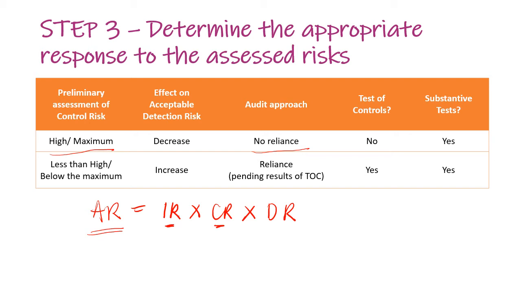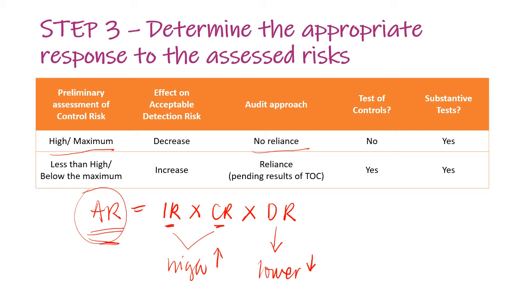So if these are all high, in order to maintain this audit risk, we need to ensure that this would be lower. If they are high, this one must be lower so that we can maintain the acceptable audit risk. Okay?